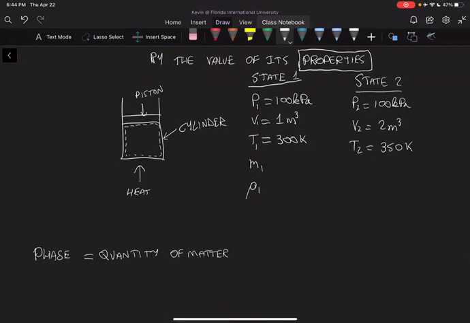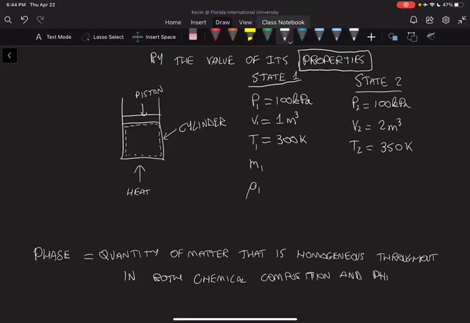So it's a quantity of matter that is homogeneous throughout, in both chemical composition and physical structure. So what does that mean?